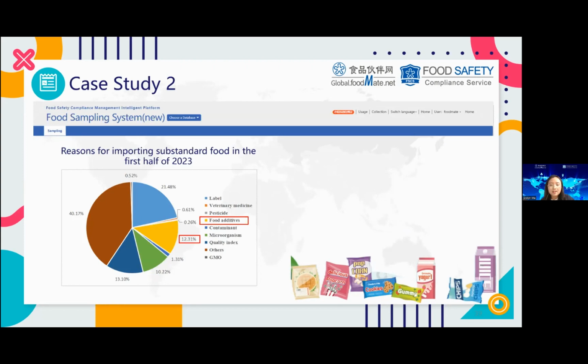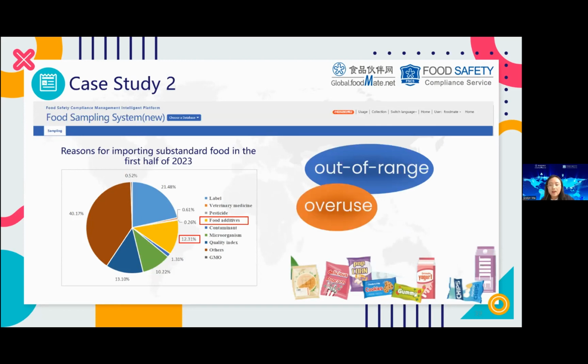Analyzing this data, we find that the main reasons for non-compliance of food additives were out of range, overuse, and illegal addition. And product compliance is very important for imported food. And if you have any questions, please come to us for help.